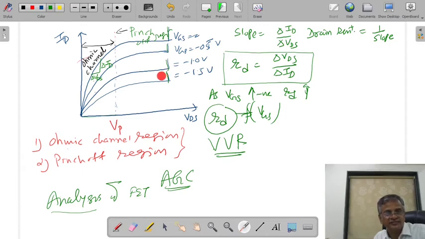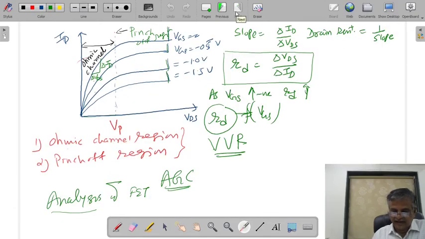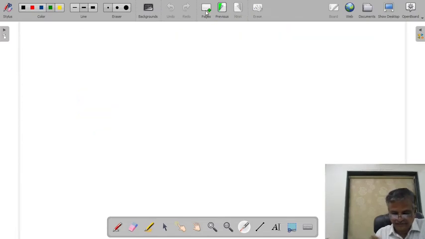Now I am discussing the parameters of the field effect transistor. See, what are the parameters? Look here, that I am showing you.